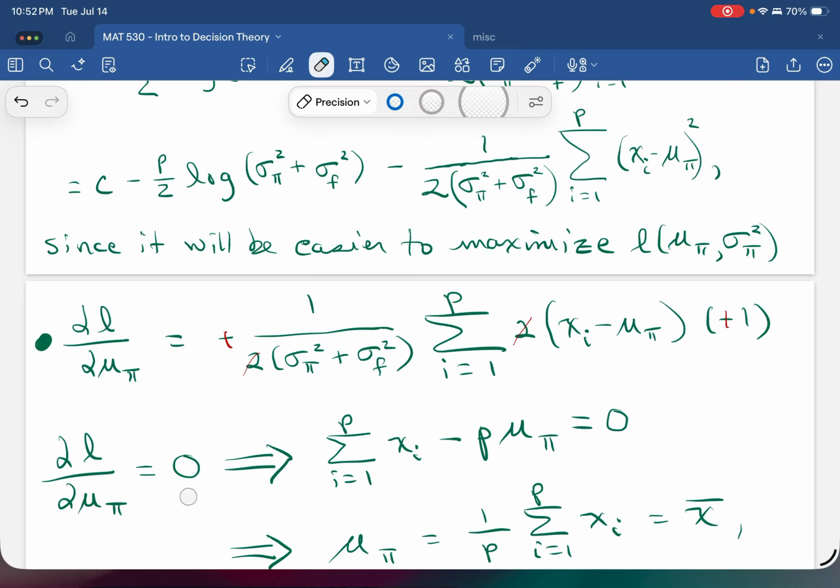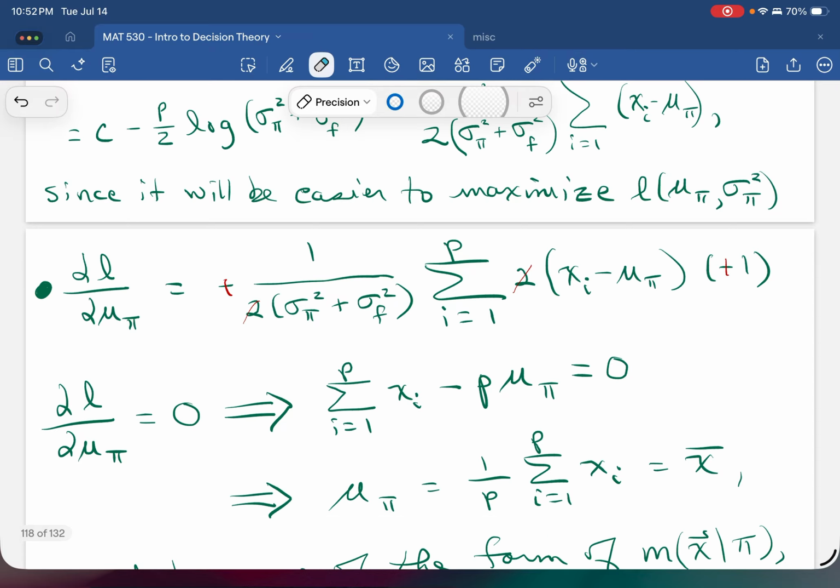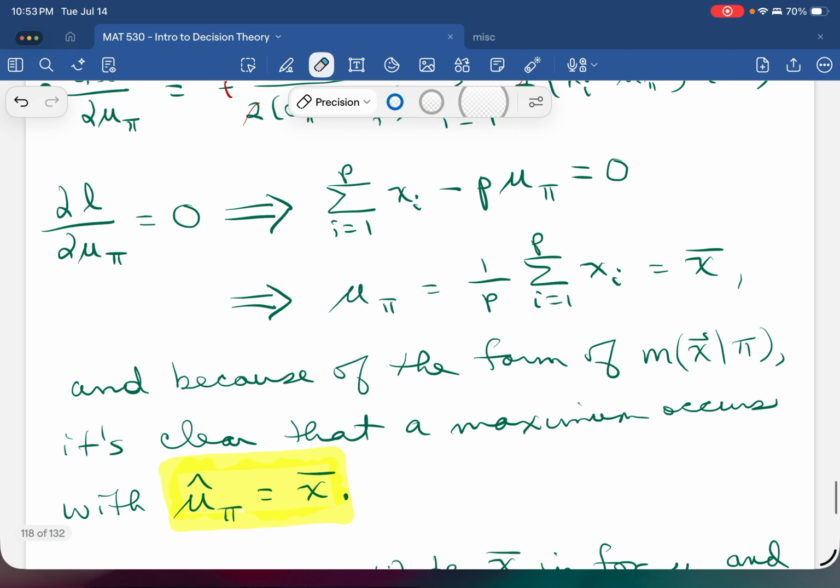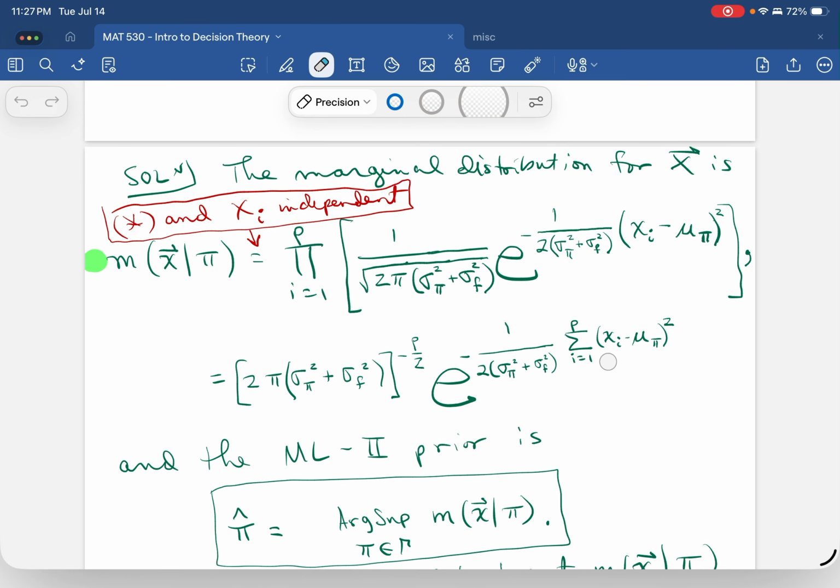And so if we set that equal to 0, then we get this equation here, and that implies that mu sub pi is equal to x bar. And that makes perfect sense. Because of the form of the marginal, it is clear that the maximum occurs at x bar. To say more about that, let's focus on this part here.